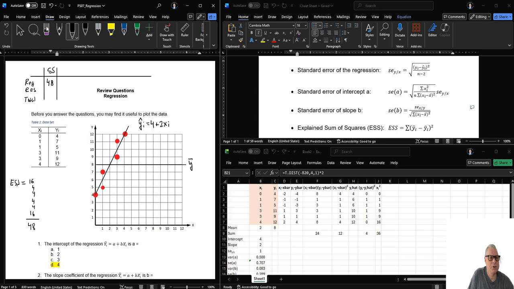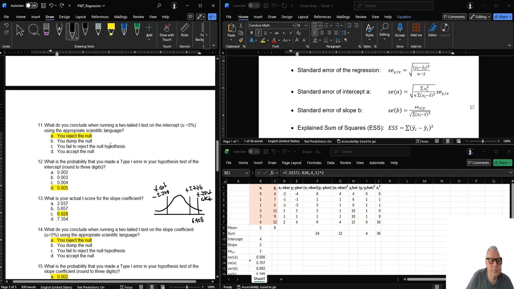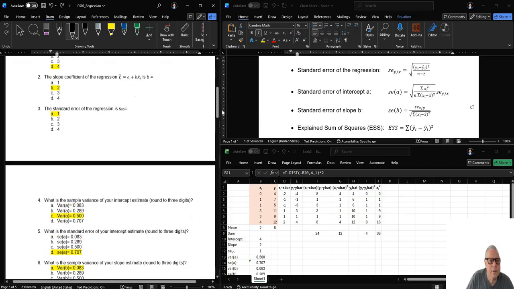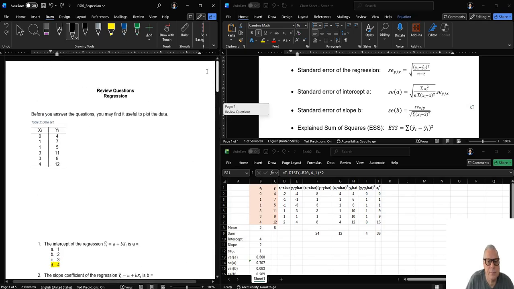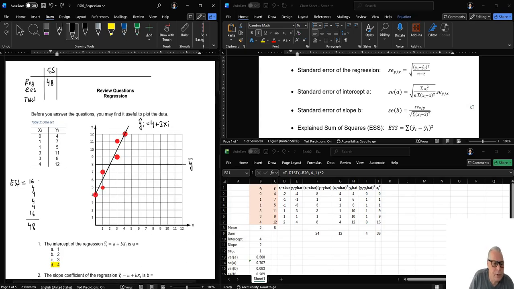So what about the residuals? So we're looking at the residuals. Well, the first observation doesn't have a residual, so that's 0.